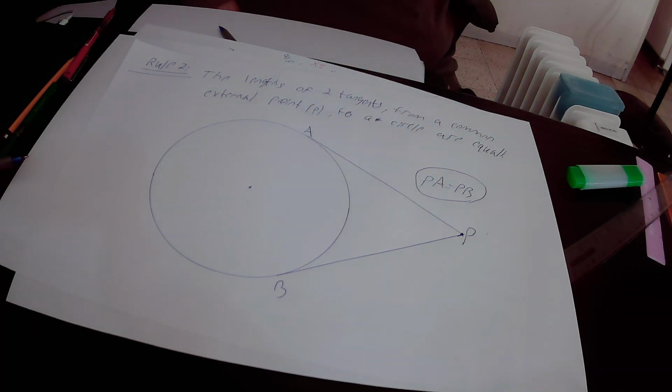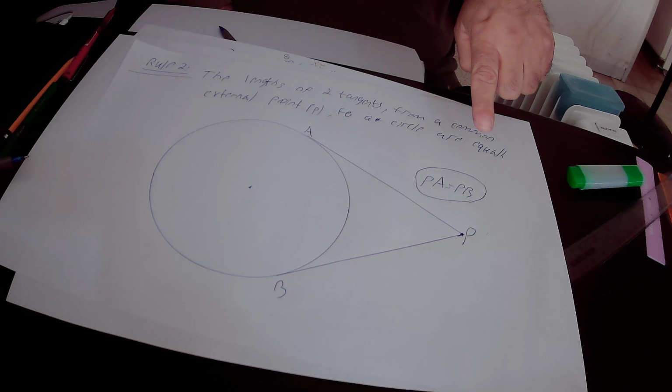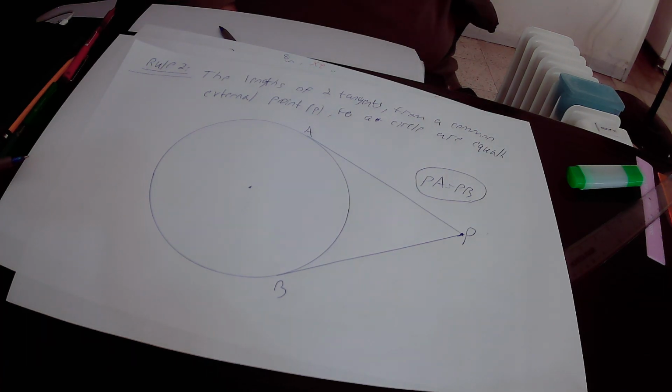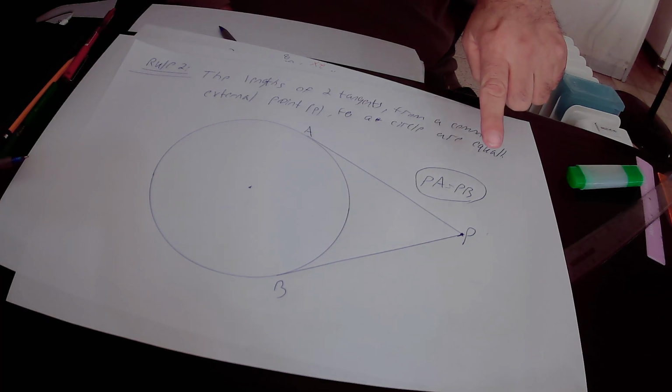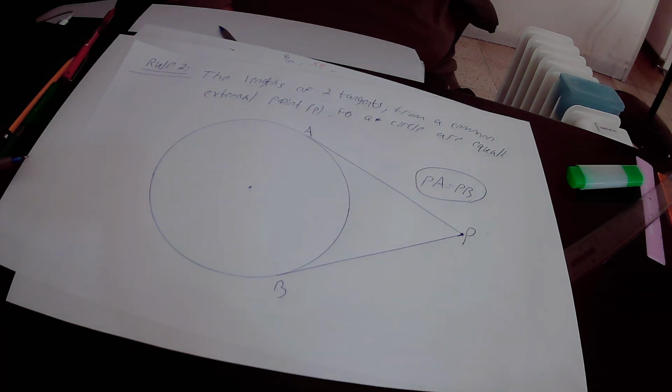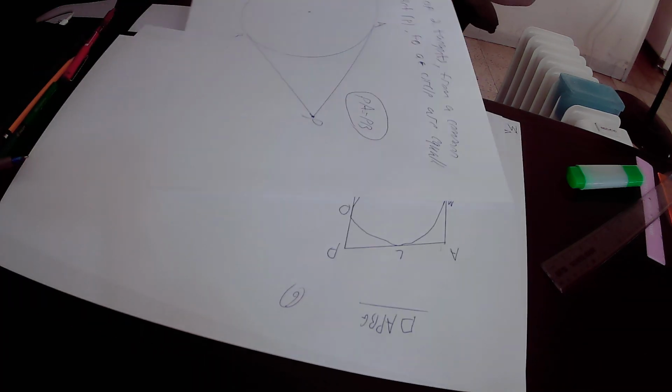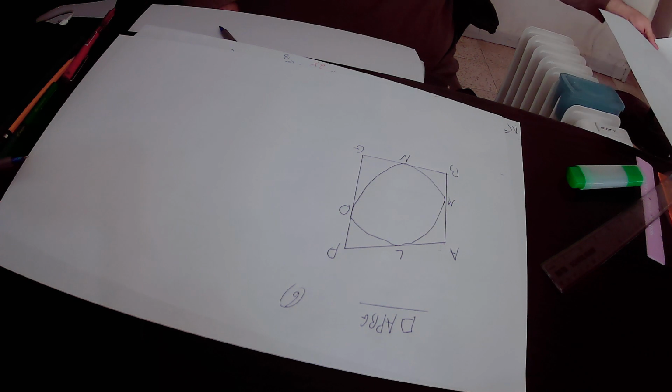And according to rule number 2, whenever you draw from a common external point, that is to say from point P, two tangents to the circle, their lengths will be equal. That is to say the length of the first tangent PA is equal to PB. Here we can implement the new rule number 2 in our drawing.